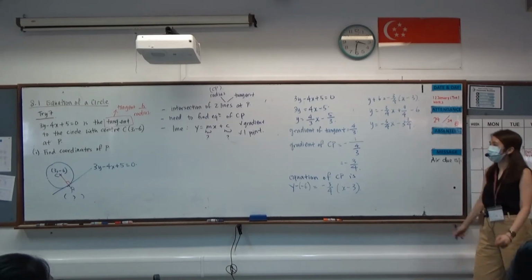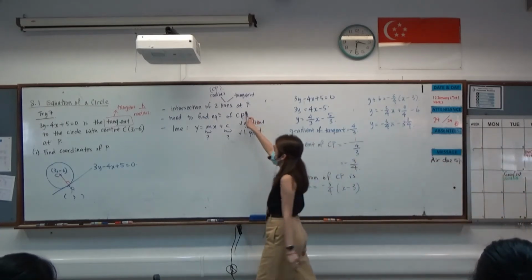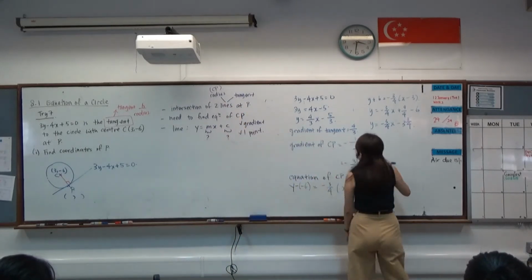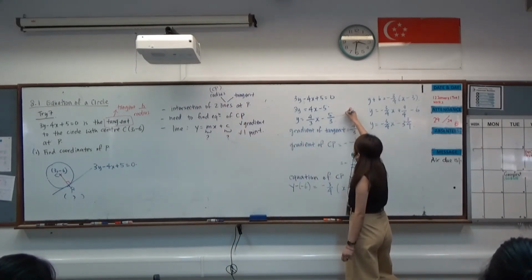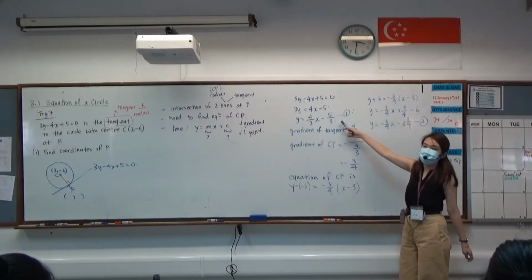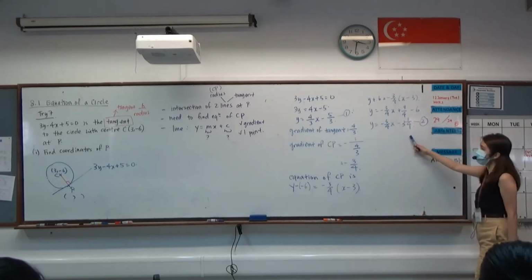But that's not an endpoint, because we want to find the intersection. We found the radius equation and we have the tangent equation, so solve simultaneously. Take this as equation 1 and equation 2. This is the equation of the tangent, this is the equation of the radius.